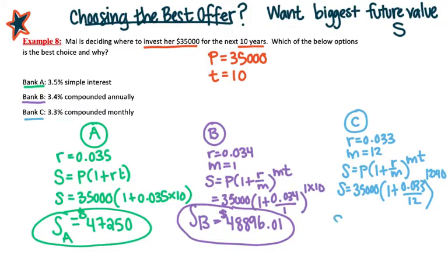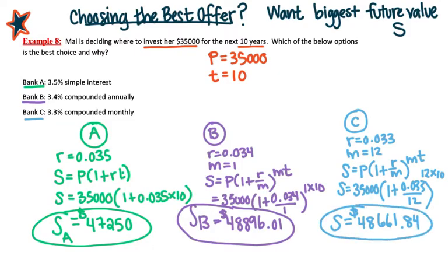We plug it into our calculator and we get $48,661.84.